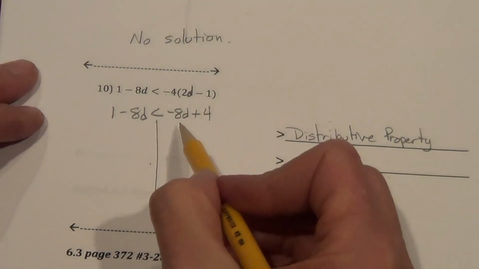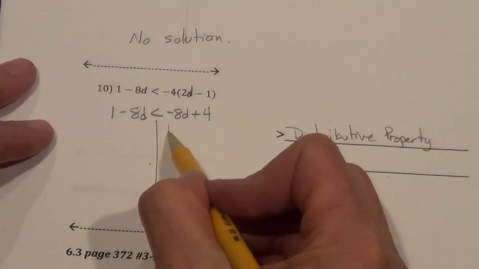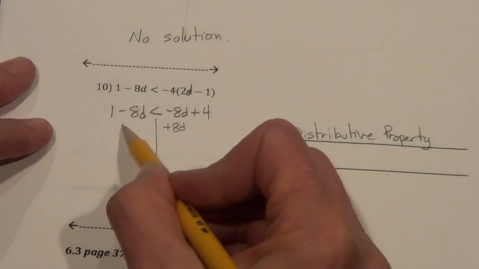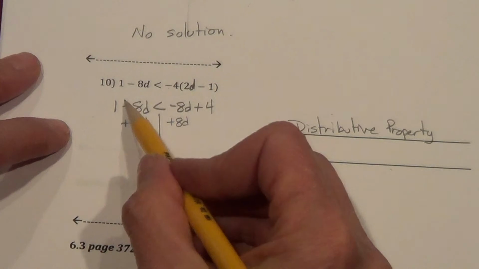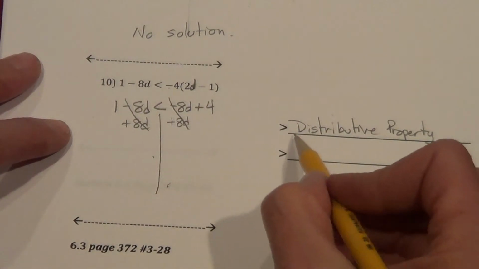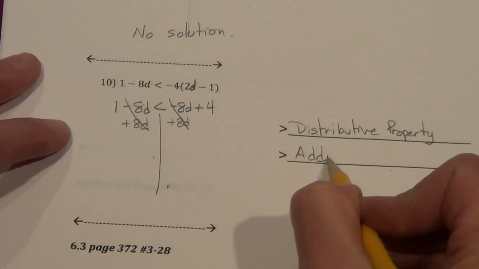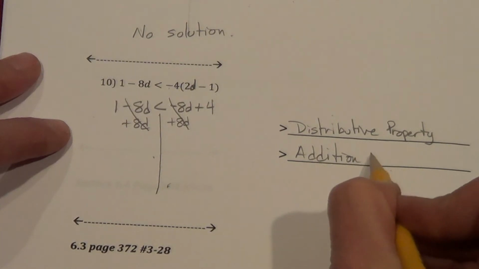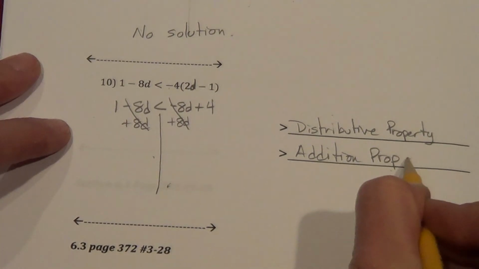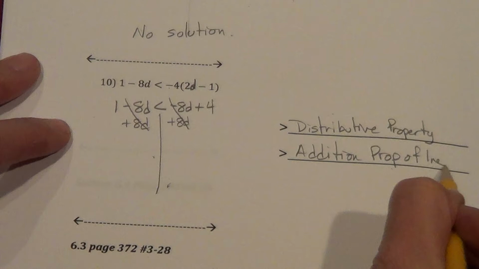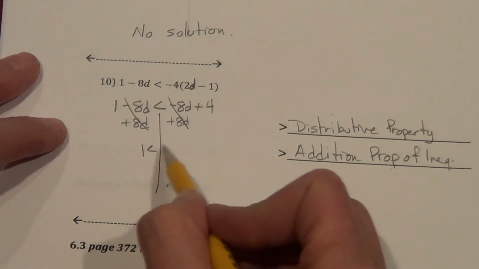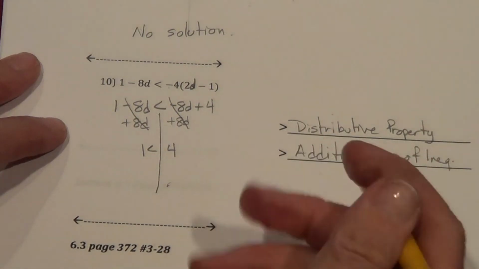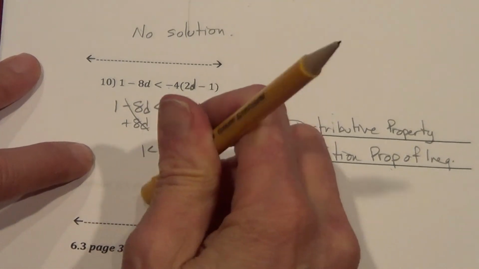Our next step is to gather the d's on one side, so we add 8d to each side. And again, our unique situation comes up where we've wiped out all of our variables. That was the addition property of inequality. We have 1 is less than 4.